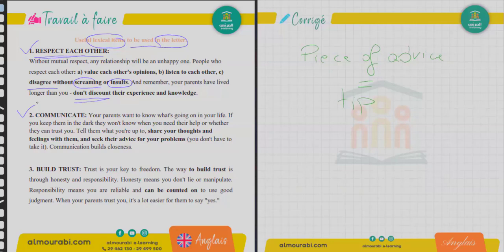Tell them what you're up to. Share your thoughts and feelings with them, and seek their advice for your problems. You don't have to take it. Communication builds closeness. What does it mean, communication builds closeness?